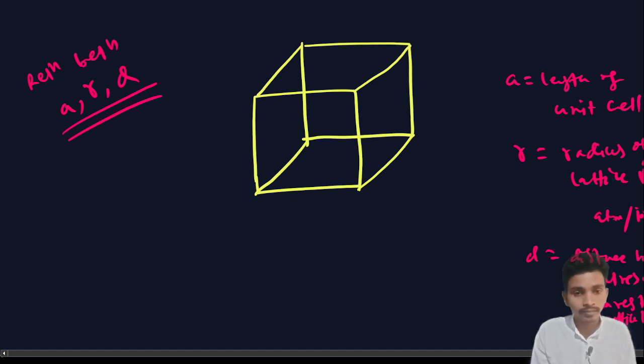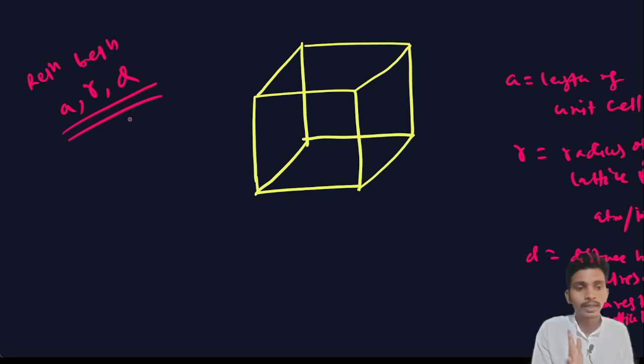Now how will you calculate the relationship? For that we will look at different cases. For SCC, the relationship between A, R and D is different. For BCC, the relationship is different. For FCC, the relationship is different. So first, let me look at SCC, the simple cubic unit cell crystal.